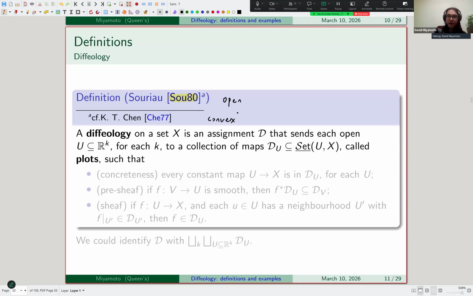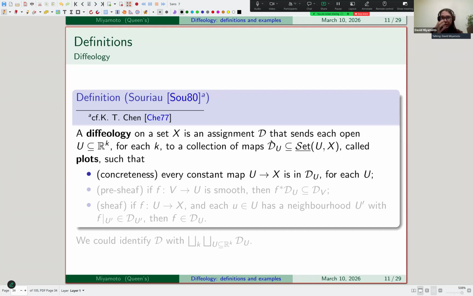Now, what do I mean, open or convex? Here's where these come in. So a diffeology on a set X is an assignment that sends each open subset of R^k, for each k, to a collection of maps, which I'm denoting D sub U. These are supposed to be thought of as the smooth maps into X, and we call them plots, with three conditions.